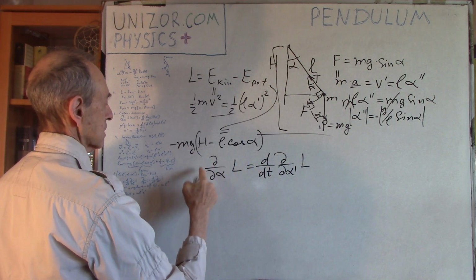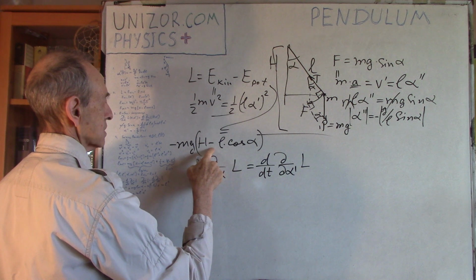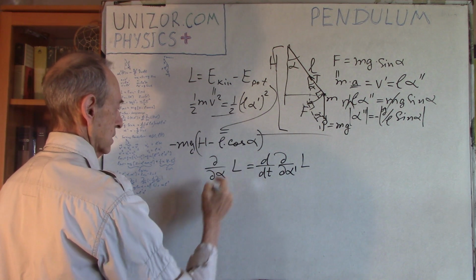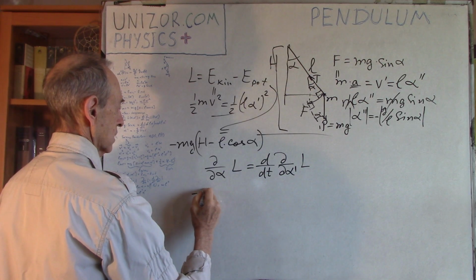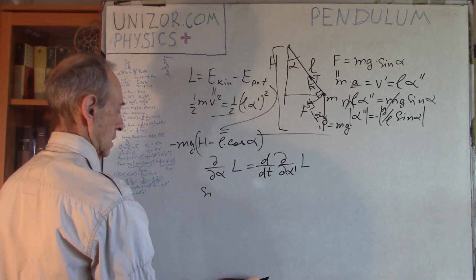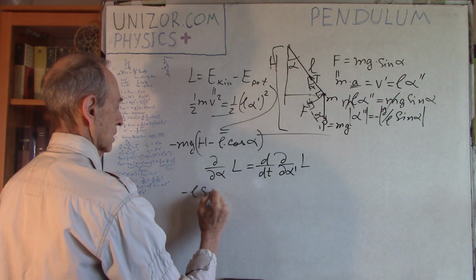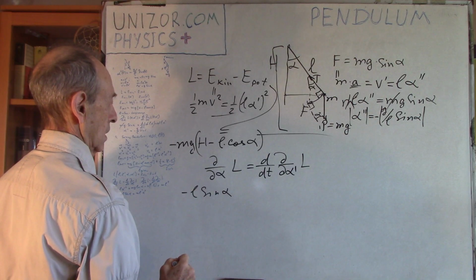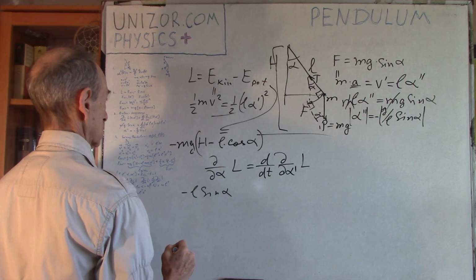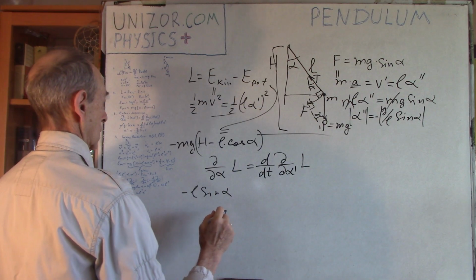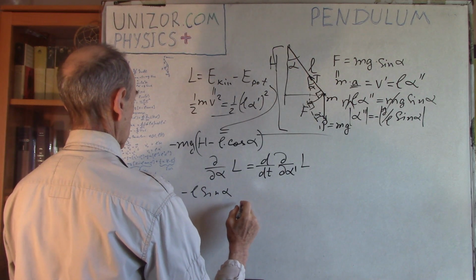Now this is a constant, so minus, and the derivative of cosine is sine. So it would be minus L sine alpha, I think.